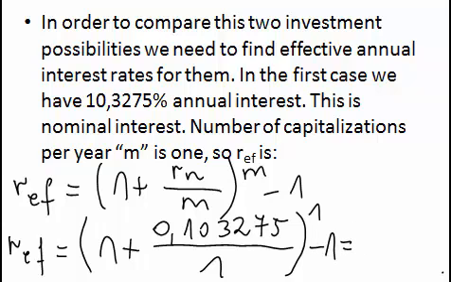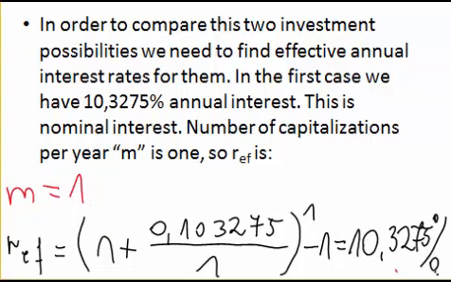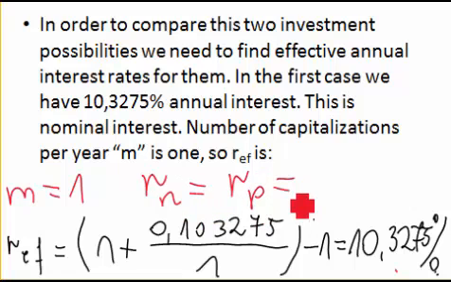So the result is 10.3275%. As you can see, if number of capitalizations per year is 1, then our nominal interest rate equals periodic interest rate and effective interest rate.